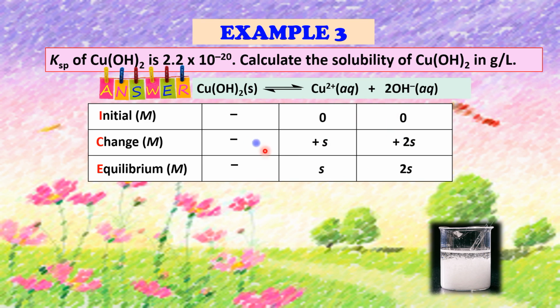So, at equilibrium, for the salt which is solid, dash. Okay, for copper 2 plus, 0 plus S equals S. For hydroxide, 0 plus 2S equals 2S. Okay, next, write the KSP expression. Don't forget, hydroxide ion, its coefficient here is 2, then power of 2.